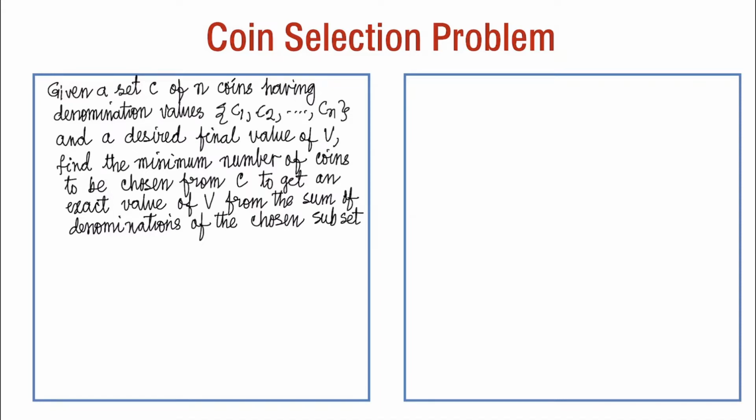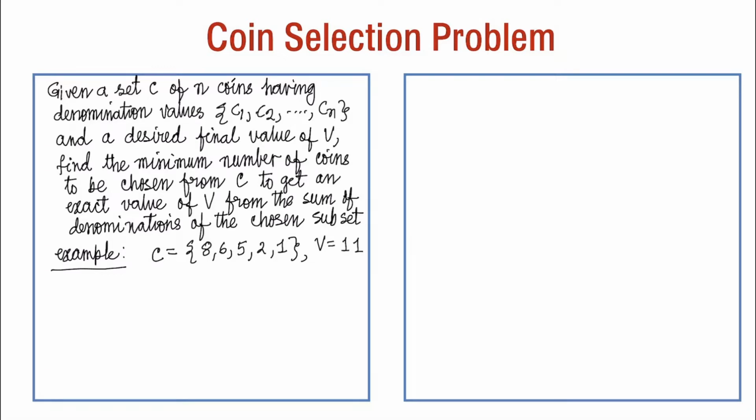Let us see an example. Suppose our example C is equal to 8, 6, 5, 2 and 1, and V is equal to 11.